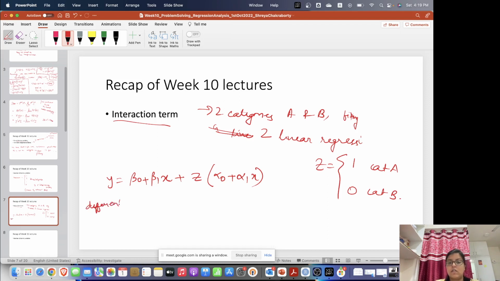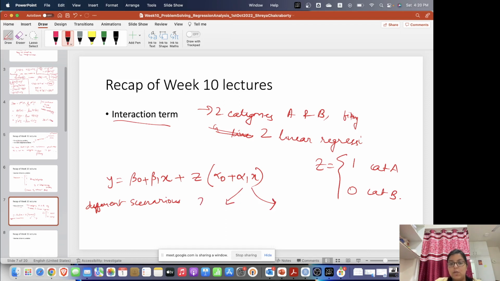All of these were discussed in the lectures, and for example, let's just dissect this entire regression into these two categories.